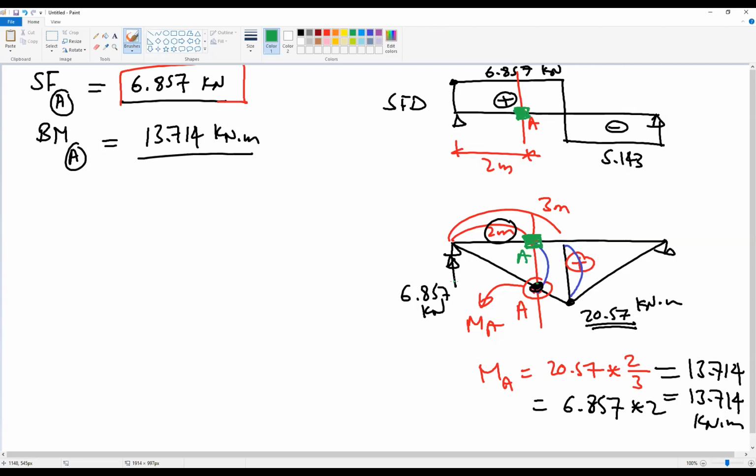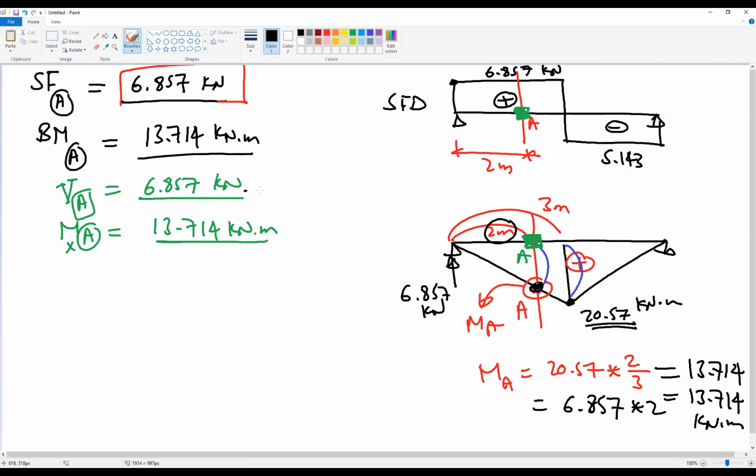Okay, so now we know that the shear force at element A is 6.857, and the moment at A, Mx at A, is 13.714 kilonewton meter. The shear will give us tau xy, because shear force causes shear stress. The moment Mx will cause normal stress sigma x.